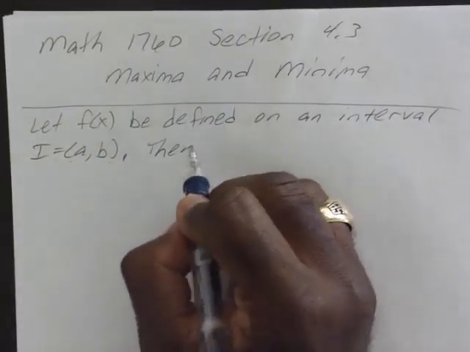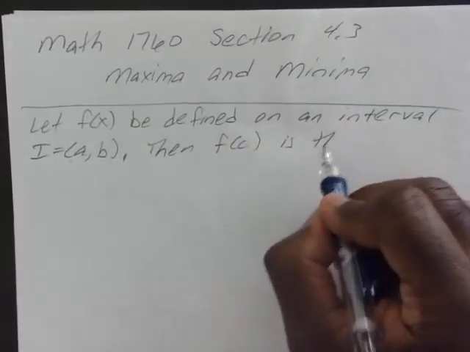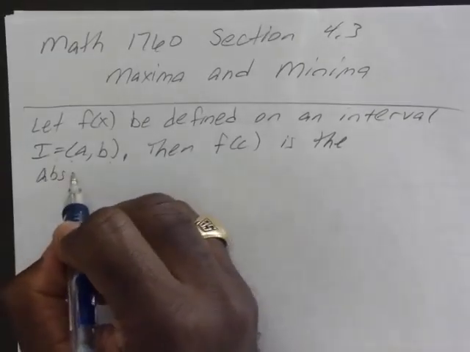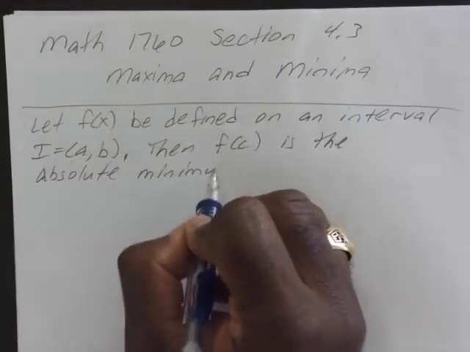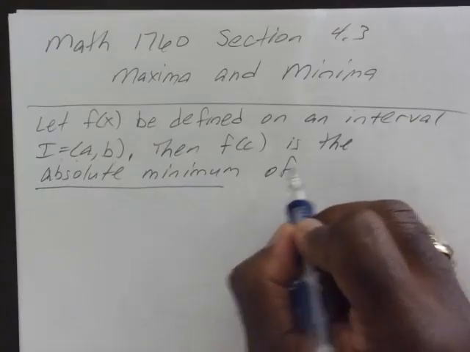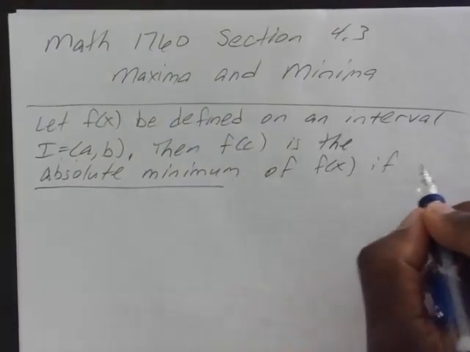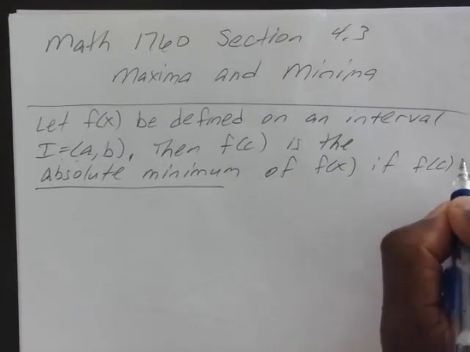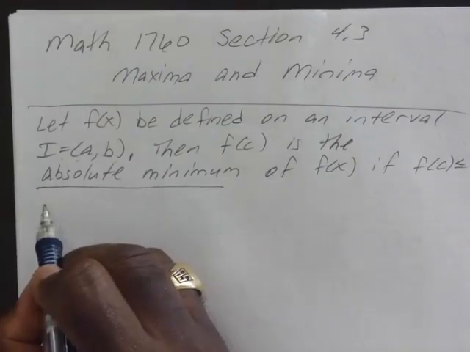Then we know that f of c is what is called the absolute minimum of that function f of x if f of c is less than or equal to f of x for every x in the interval.